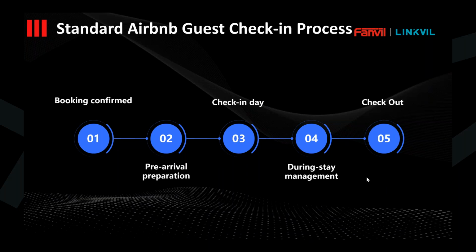At checkout, access credentials can be automatically revoked or scheduled to expire, ensuring the property remains secure and ready for the next booking. So this overview helps us understand how the Fanvil solution integrates seamlessly into each stage of the Airbnb guest life cycle, making the property manager or host more efficient, secure, and scalable.